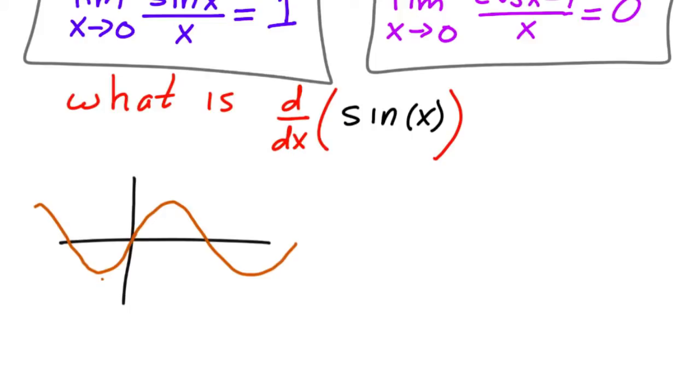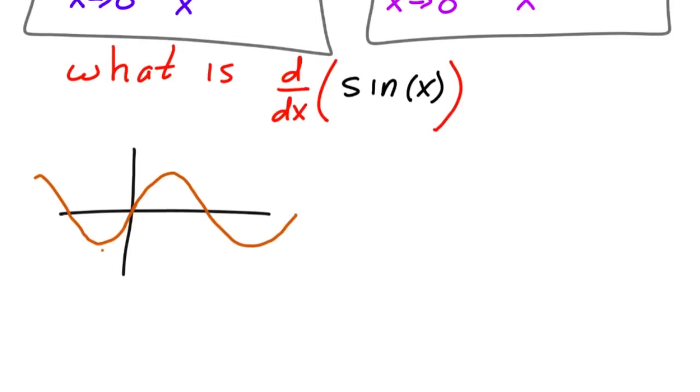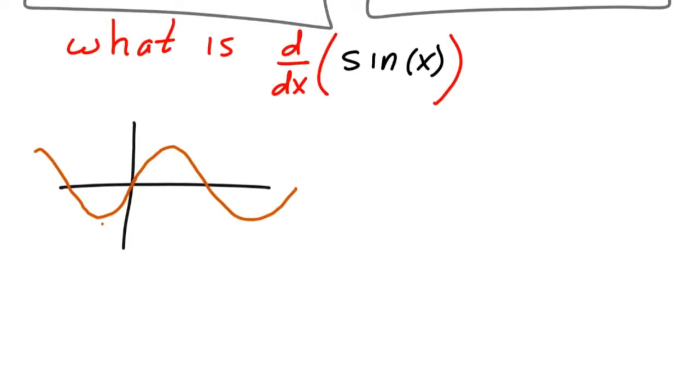Now I'll do it below so that it makes it a little easier. If I draw the same axis and we use our basic rules, remember that at the peaks and valleys, that's where my derivative is going to cross 0.